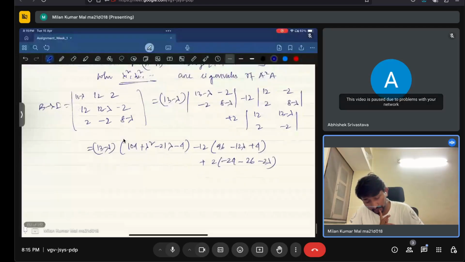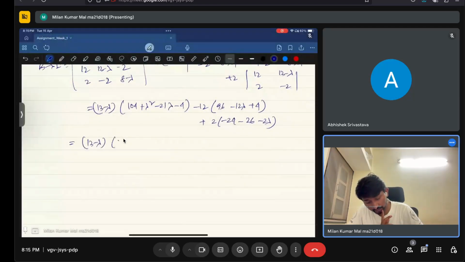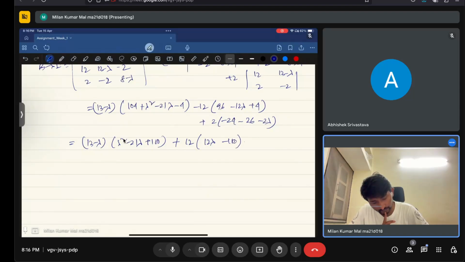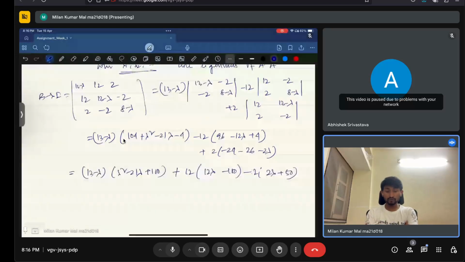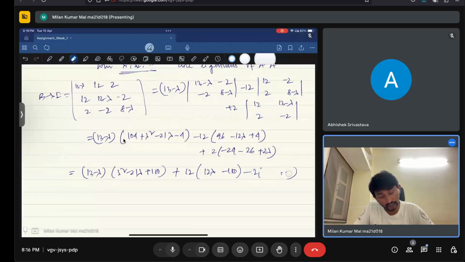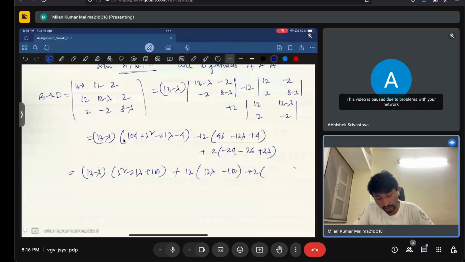So it will be 13 minus lambda times lambda squared minus 21 lambda plus 100, minus 12 times (minus 12 lambda plus 100), plus 2 times (2 lambda minus 100).